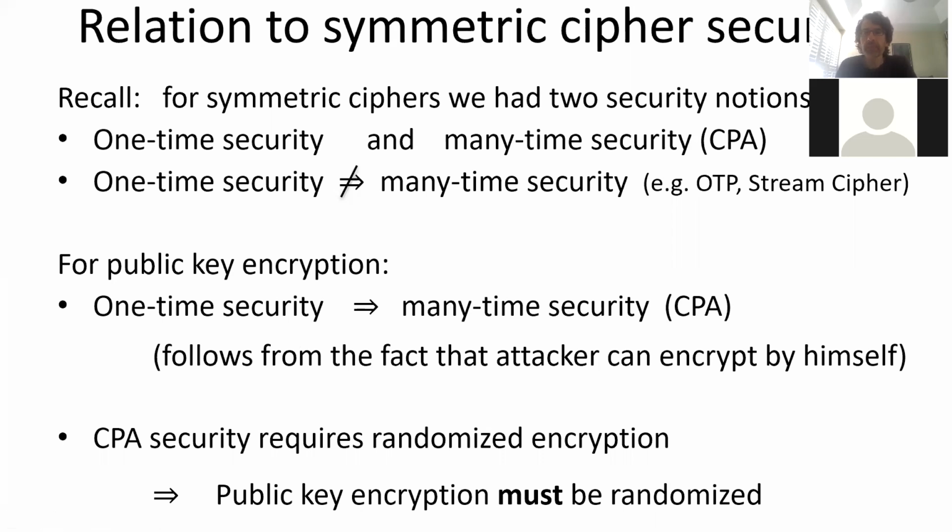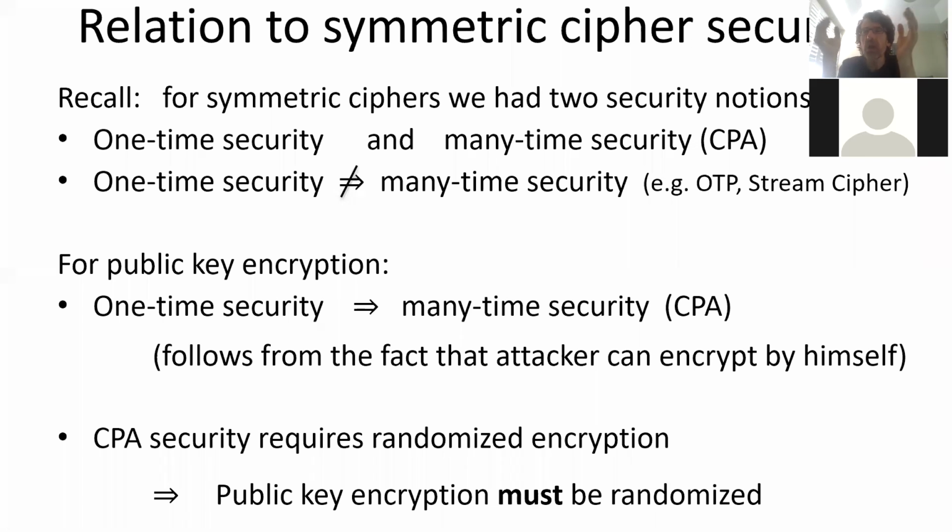Why? Well, let's say I just want M0 to be encrypted, I get the ciphertext, and then I want M1 to be encrypted for good measure, I get the ciphertext. And now my chosen pair of messages is M0, M1. Because the encryption is deterministic, I will either get the first ciphertext or the second one. I will know exactly what was encrypted because I already hold the ciphertext for both of these messages.